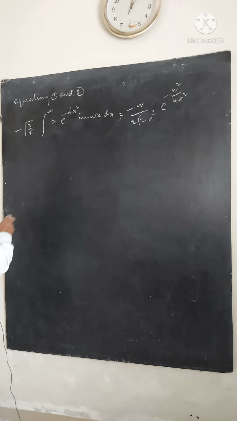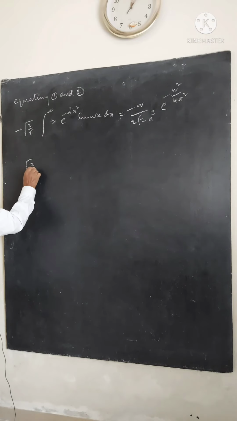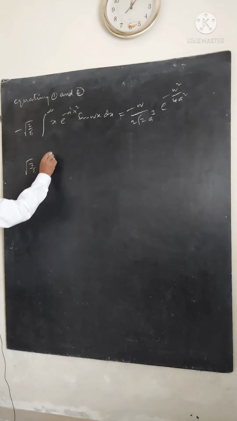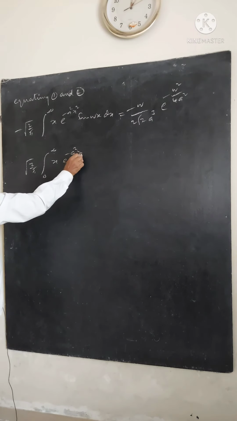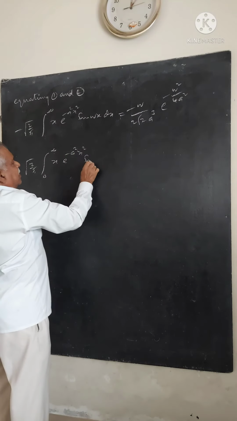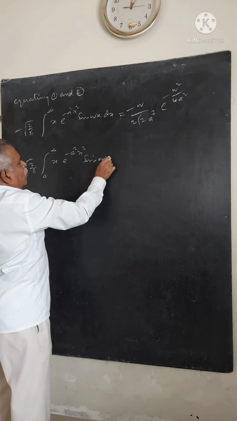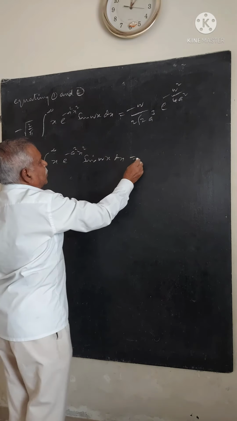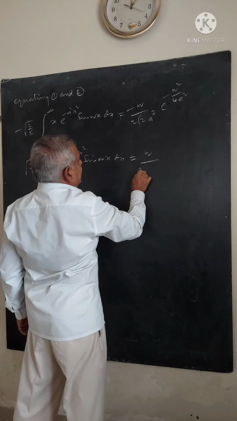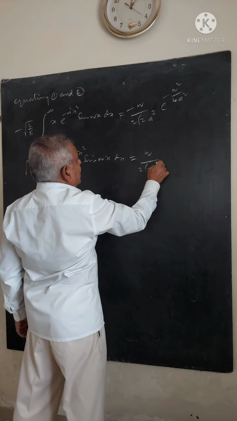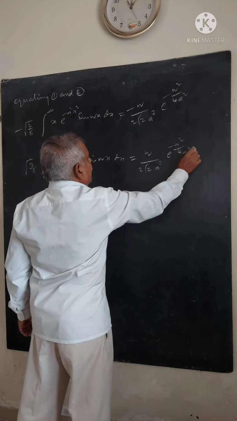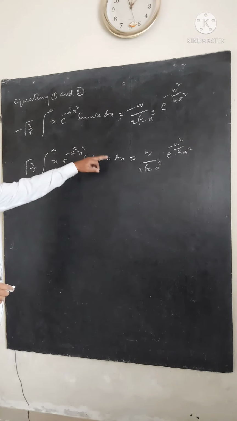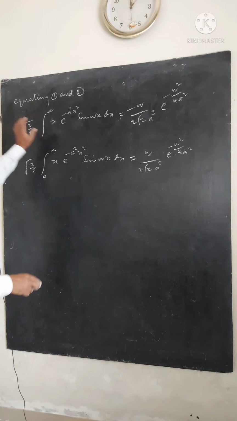Removing negative on both sides, root of 2 by pi, 0 to infinity x e power minus a square x square sin omega x dx equals omega by 2 root 2 a cubed e power minus omega square by 4a square. This is nothing but the Fourier sine transform of this function.